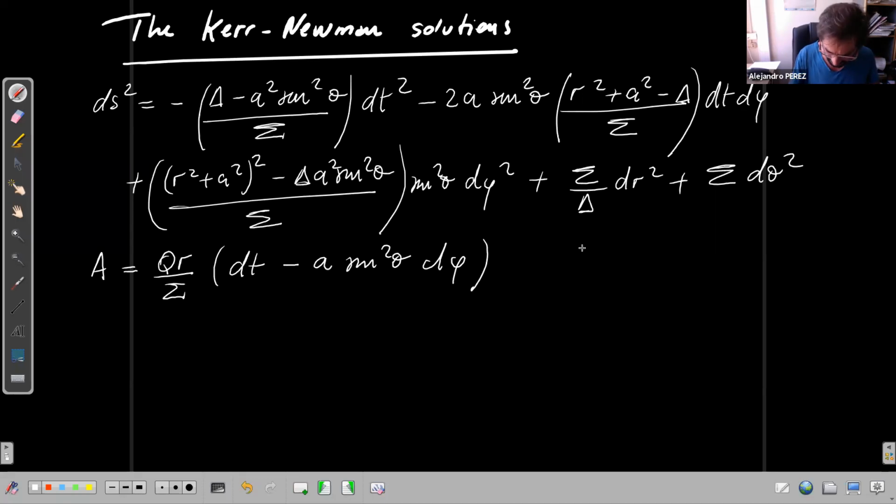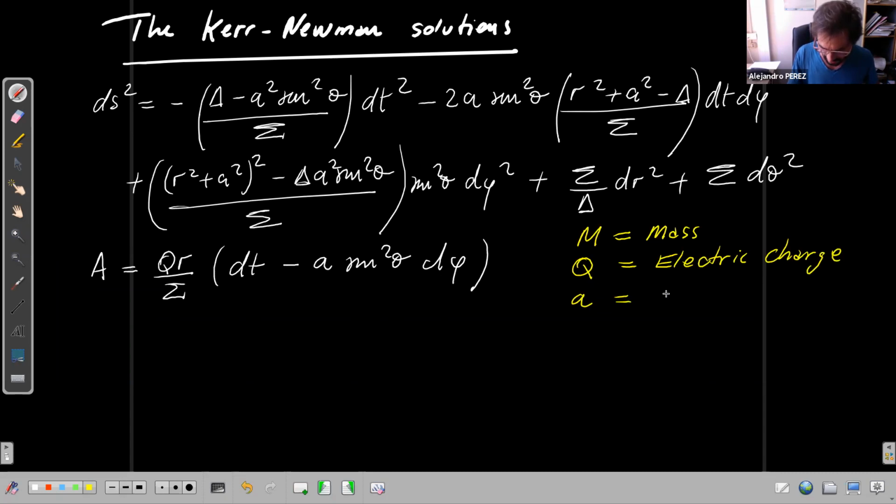So there are several definitions that I have to give you. So M is the mass, the gravitational mass. Q is the electric charge. a is the angular momentum per unit mass. So J is angular momentum.